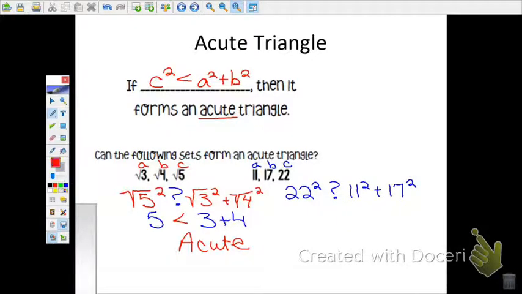So then we need to show our work. 22 squared is 484. 11 squared, 121. 17 squared, 289. So what's 121 plus 289?